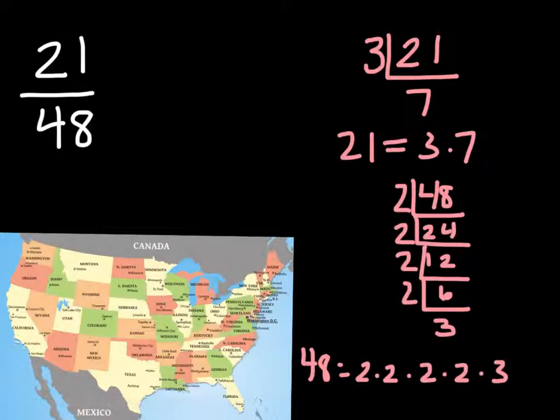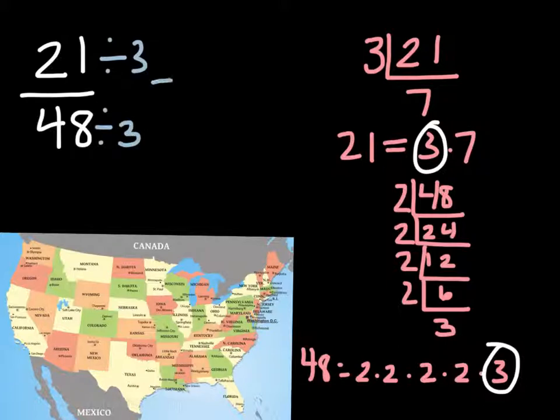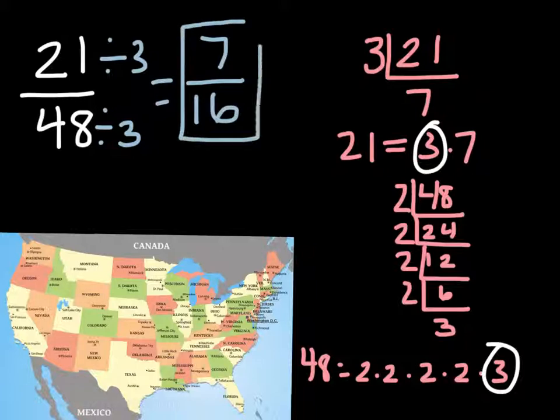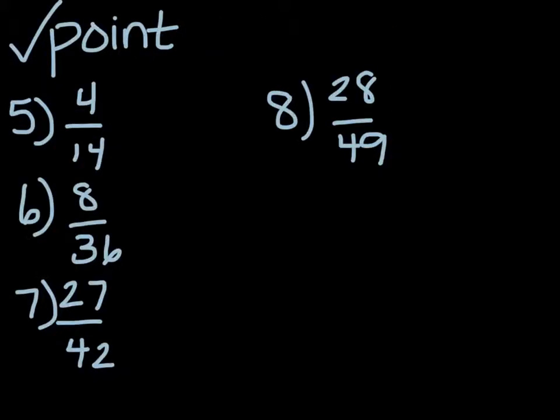So the only common prime factor we have is 3. So let's divide both 21 and 48 by 3. That's our greatest common factor. 21 divided by 3 is 7. 48 divided by 3 is 16. And there's our answer. 7/16 of the contiguous states are coastal. Now, working on your own, write these 4 fractions in their simplest form.